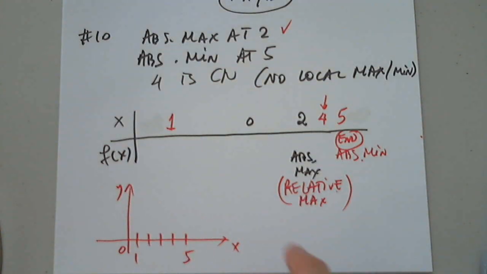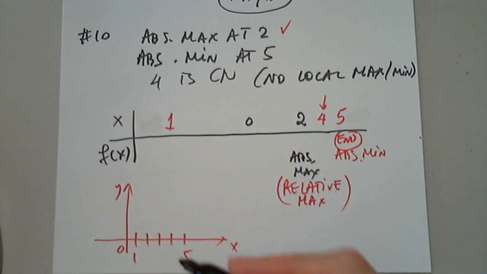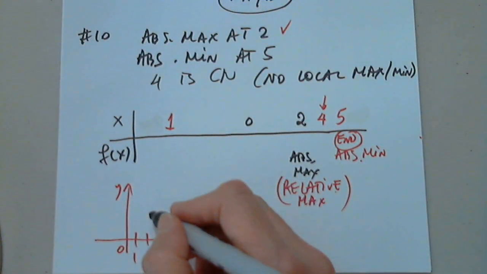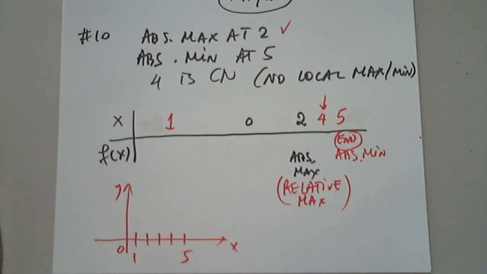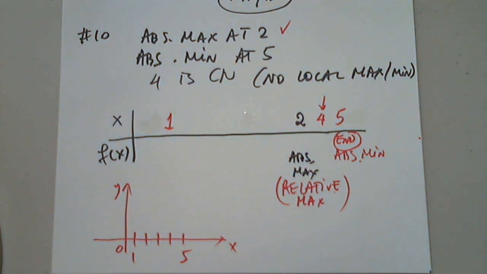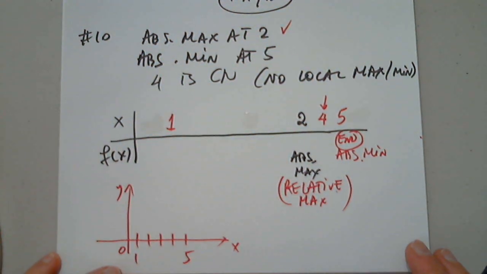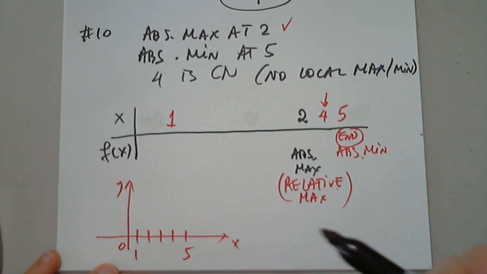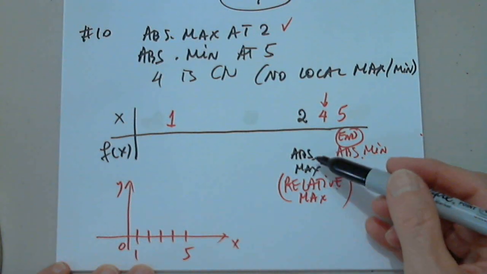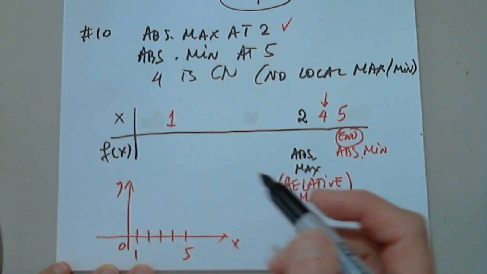They said that at x equals 2 there is an absolute max.